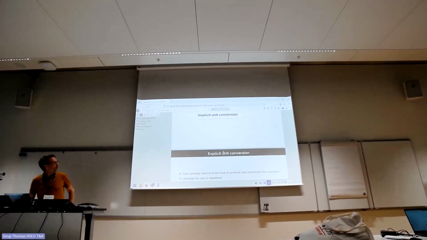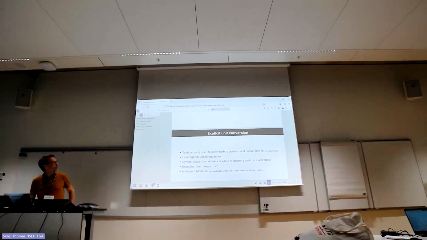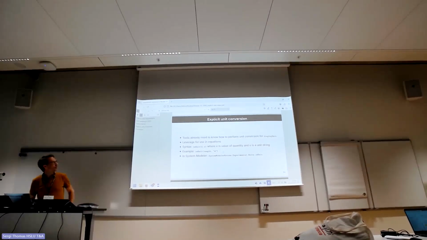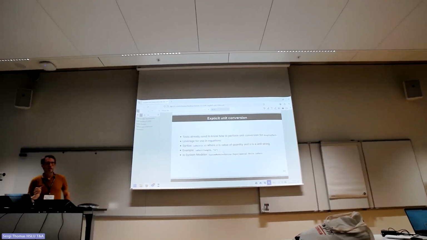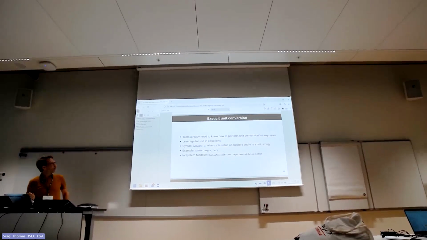So before we talk about implicit unit conversion, we need to talk a little bit about explicit unit conversion. Because all the Modelica tools today, they do support display units, so they know about converting between different units. The missing feature is that this is not leveraged for use in equations.